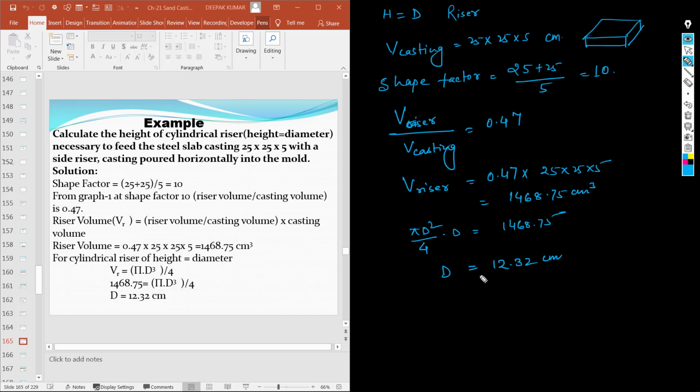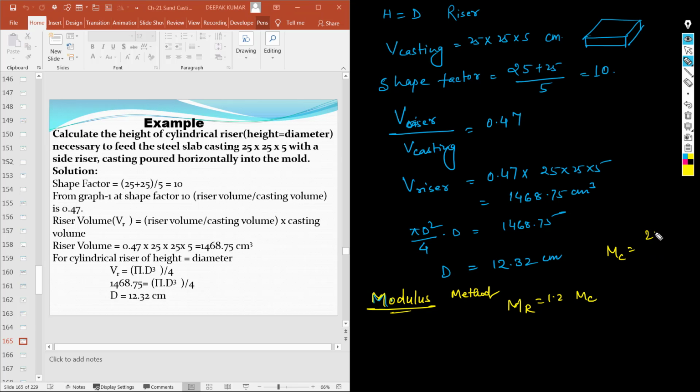Now let us check with the modulus method, because Caine's method we have seen already, it is a very lengthy question, isn't it? Let's see if both values are comparable or not. In the modulus method, MR is equal to 1.2 into MC. What is MC?